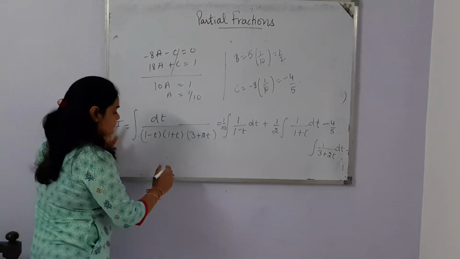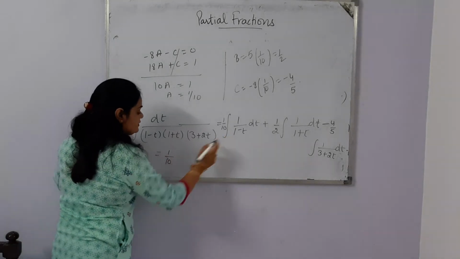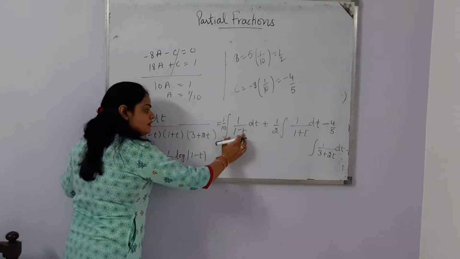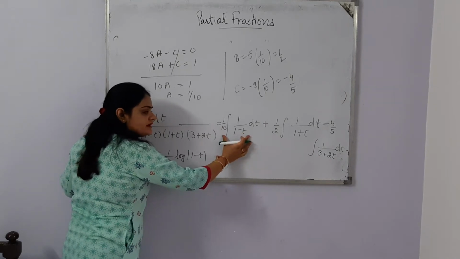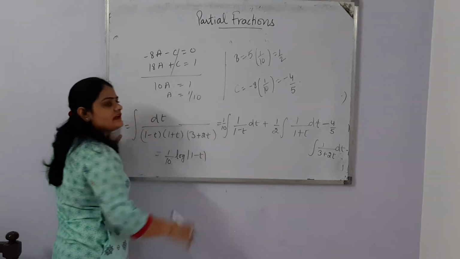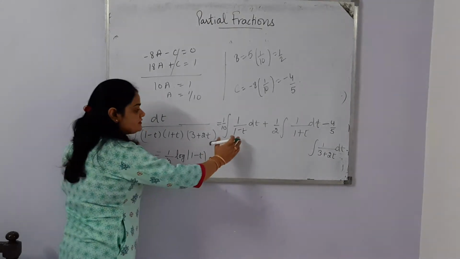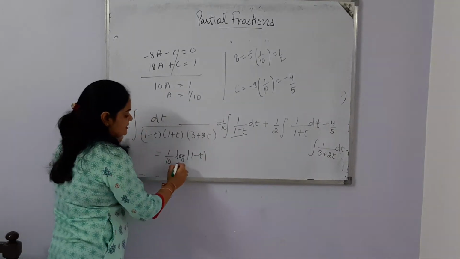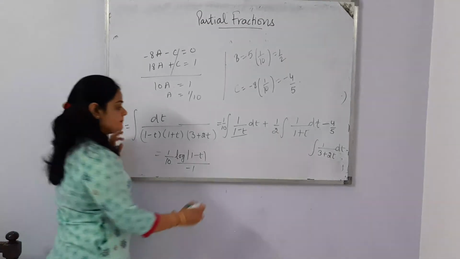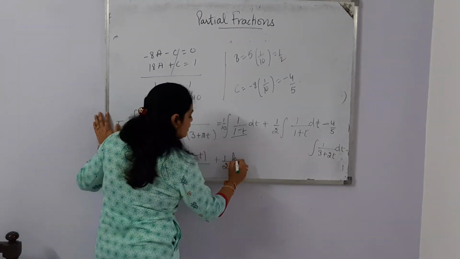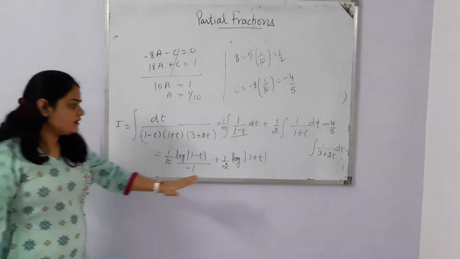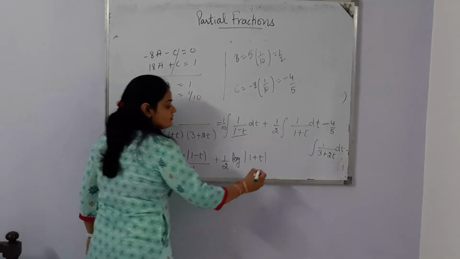Now its answer is log of 1 minus t, and here we have already taken the integration of 1 upon x. The first function integrates, the second function we differentiate, following the chain rule, and the differentiation of 1 minus t is minus 1, which comes in the denominator, plus 1 by 2 log of 1 plus t, and its derivative is 1.